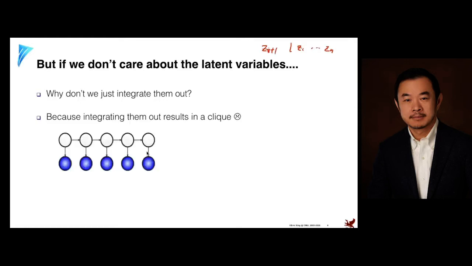Here is why. Once we integrate this out, you can probably imagine, based on our CRP example, that all these observed variables will start to be dependent on each other. That's something you should be able to convince yourself of.